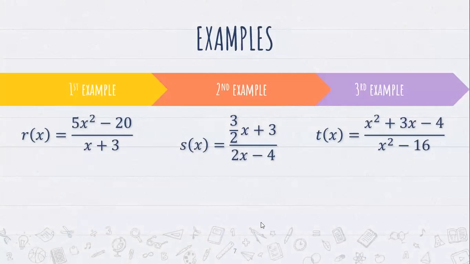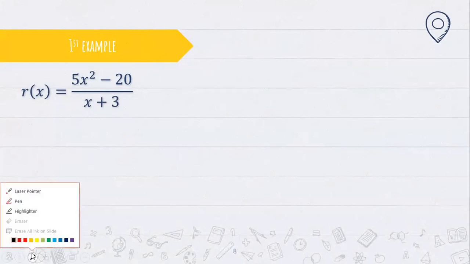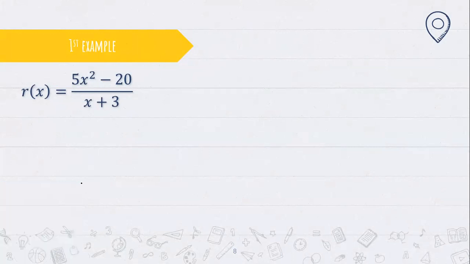So, first example: R of x is equal to 5x squared minus 20 over x plus 3. Hahanapin natin to siya, class, ng x-intercept and y-intercept. Okay, so una, katulad ng sinabi ko kanina, hanapin muna si x-intercept.